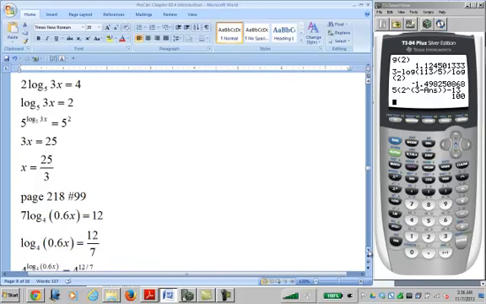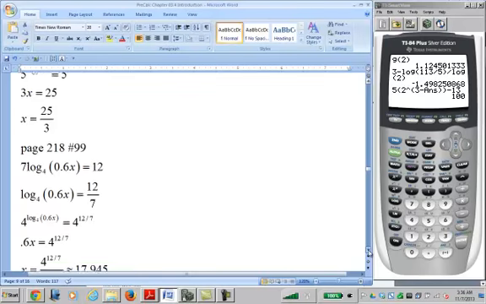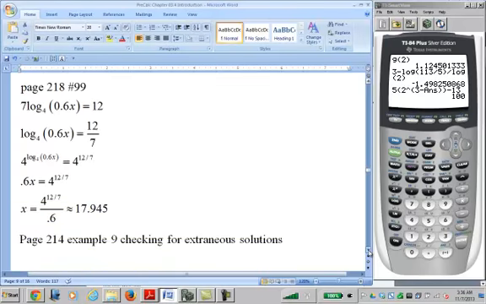More stuff. Isolate, exponentiate. 3x equals 25, x equals 25 over 3. Don't forget to check. Number 99. Isolate the log. Okay, so we have the log base 4 of 0.6x equals 12 over 7.